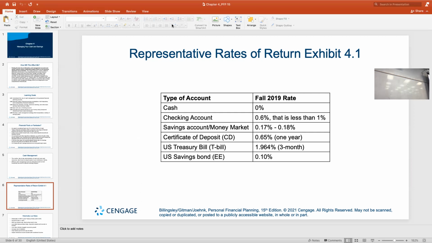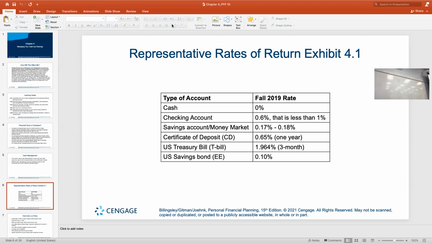Now, if you have a money market account, it's like a savings account. It's not guaranteed though. I mean, if you have money in a checking account or a cash savings account, of course your money is guaranteed. If you put it in a money market account, it's like a savings account, but they're investing your money in treasury bills, basically short-term debt instruments.